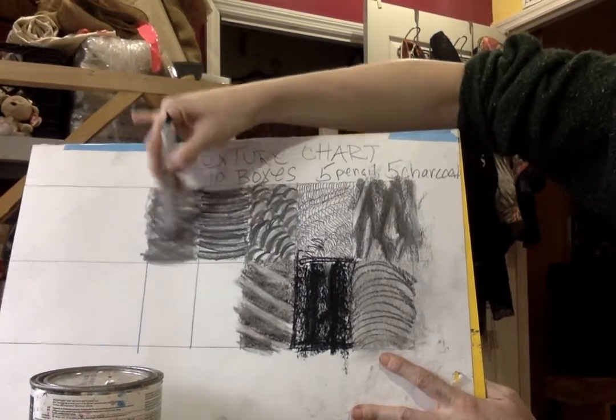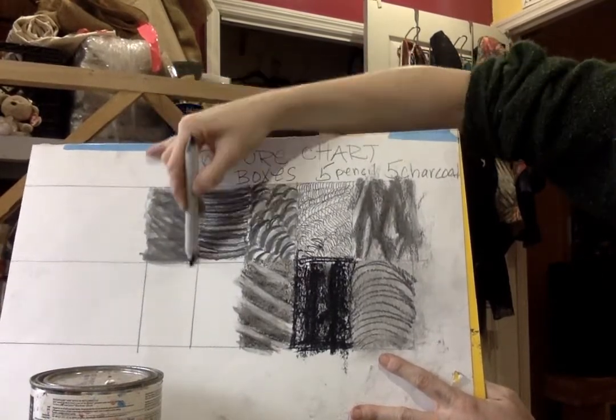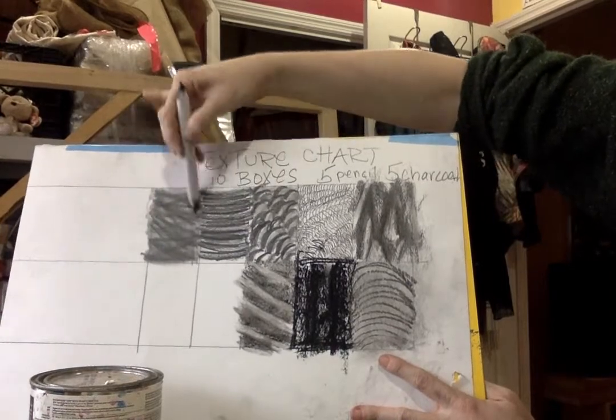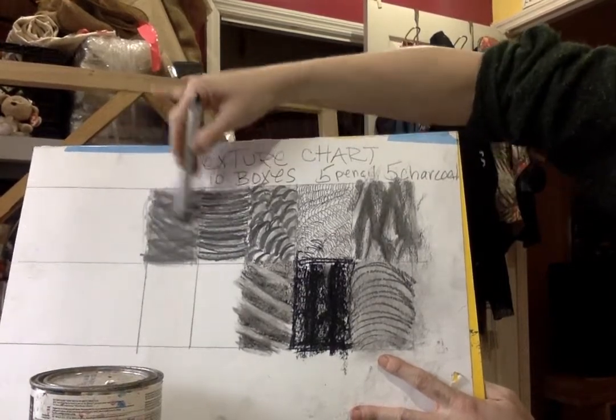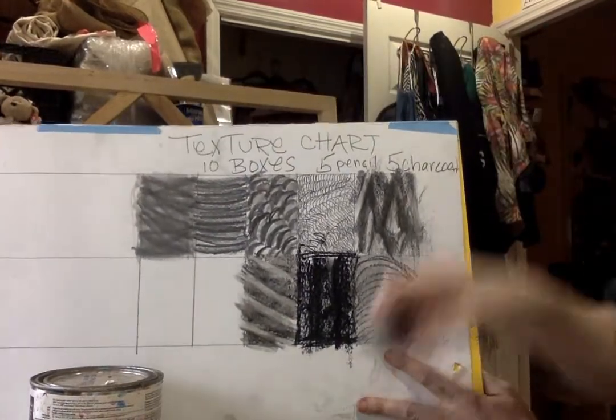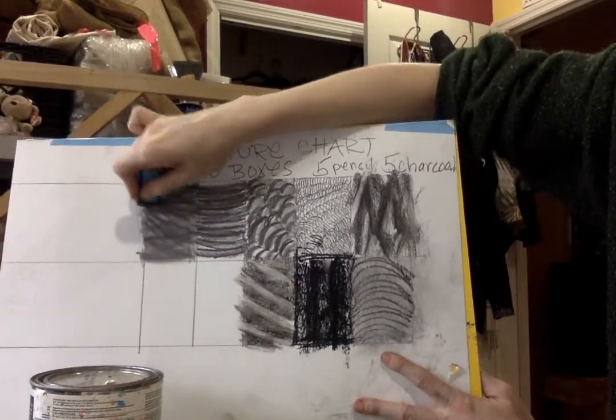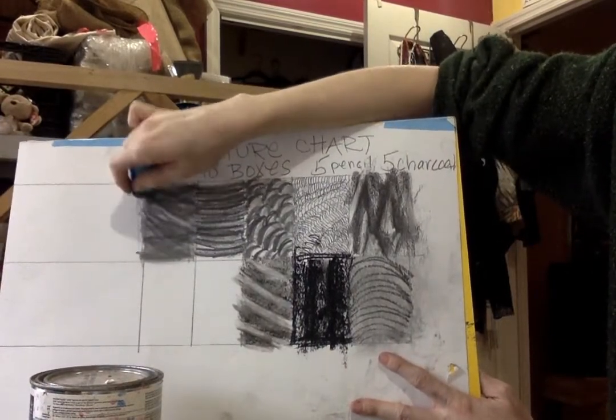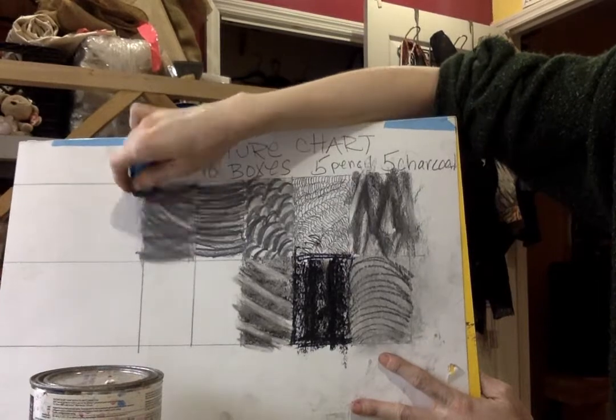velvety texture. Because as you know, different fabrics, different surfaces in the world, in nature, all have different textures, right? And some of it's really soft. So you can create something soft by really blending things together.